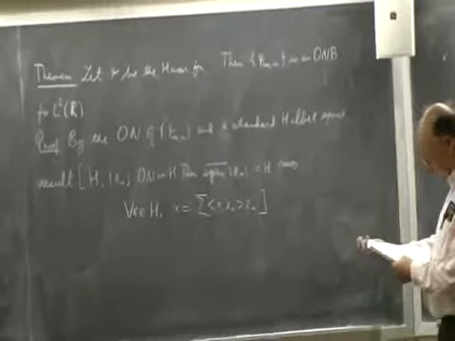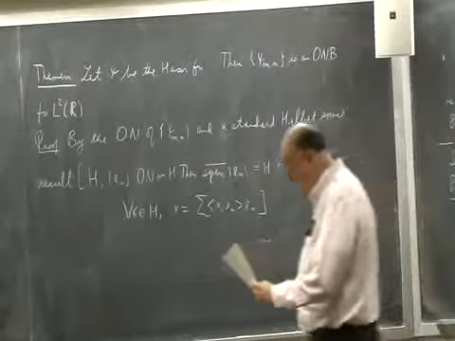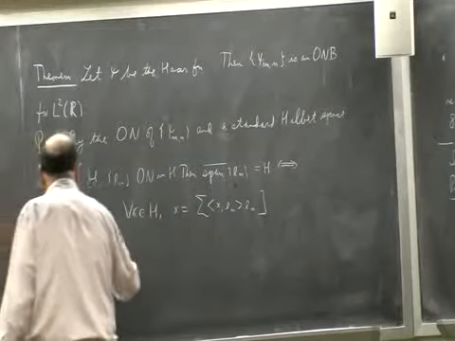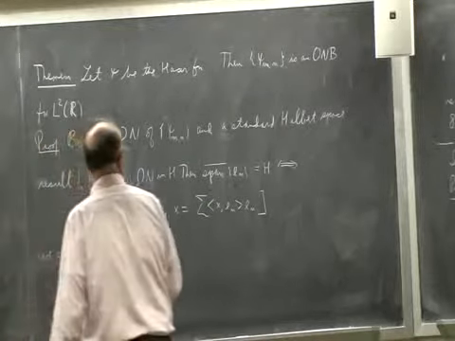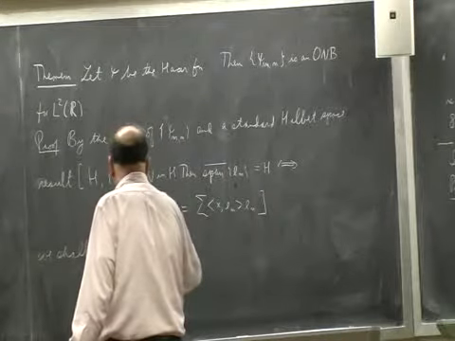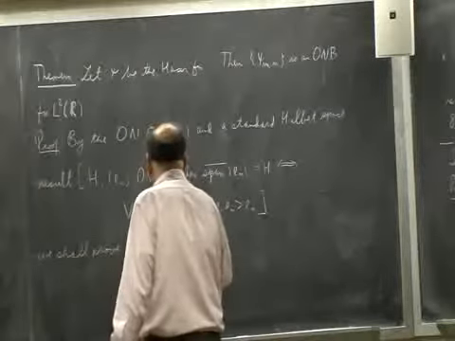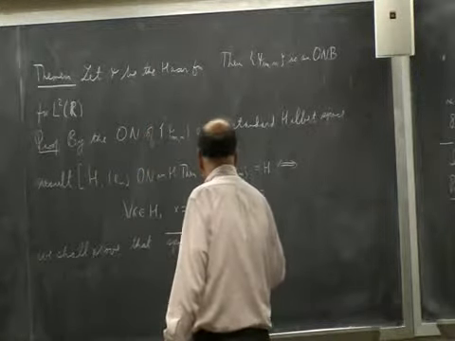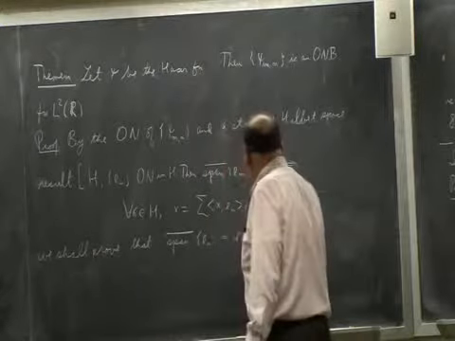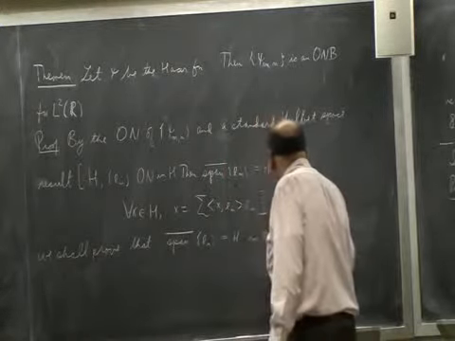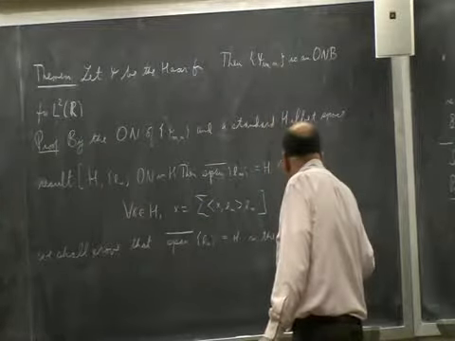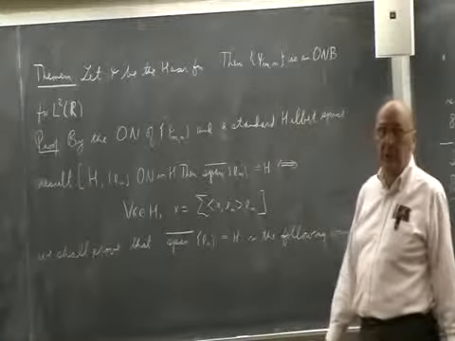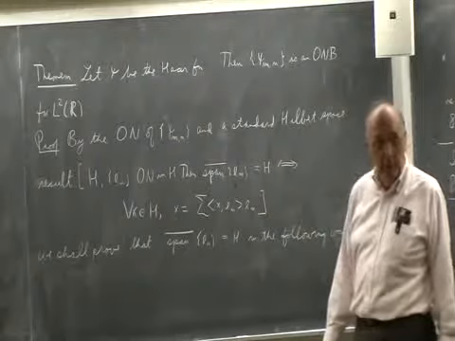Okay, so by the orthonormality of psi mn and the standard Hilbert space result, we shall prove that the span of e n equals H in the following way. And what's going on here is there's going to be 3 steps.